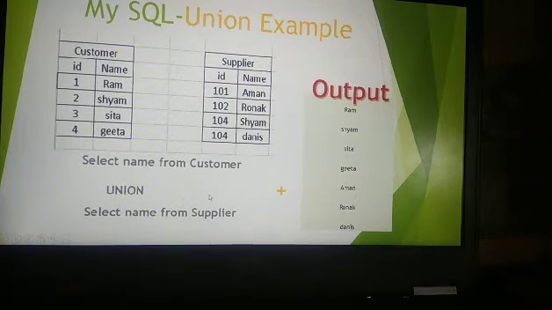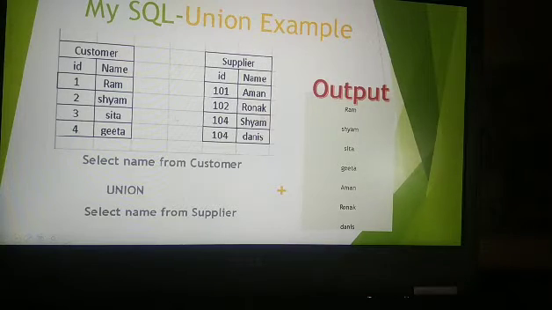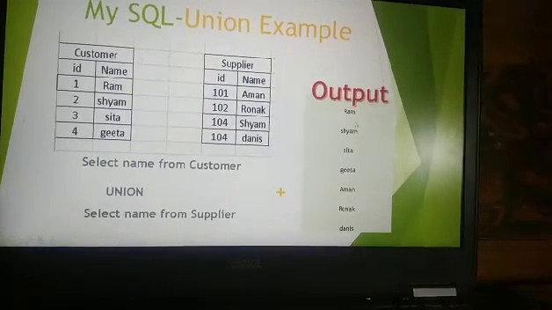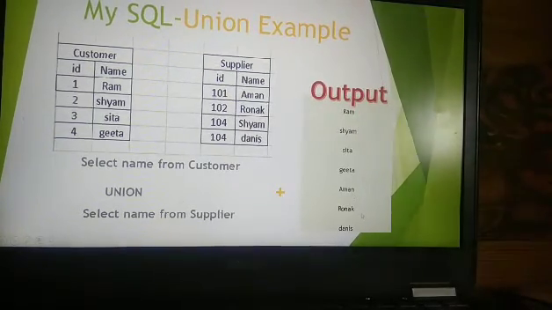When we run this statement, then your output will come. First it will take records from the first table. First it will display Ram, Sham, Sita and Geeta. Then after it will display Aman, Ronak and next is Sham.